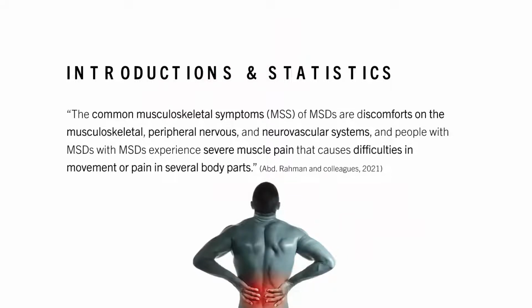So the common musculoskeletal symptoms, or MSS, for musculoskeletal disease or disorders are discomforts on the musculoskeletal, peripheral nervous, and neurovascular systems, and people with MSDs experience severe muscle pain that causes difficulties in movement or pain in several body parts.